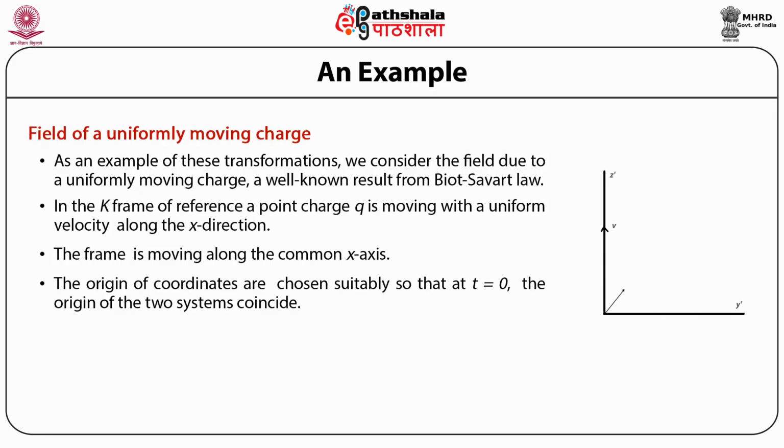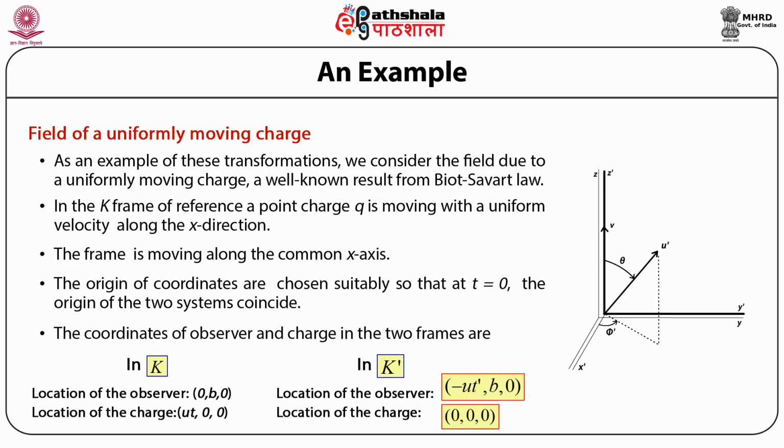So let us now look at the coordinates of the observer and the charge in the two frames of reference. So in the K frame of reference, the location of the observer is 0, b, 0, and the location of the charge, if it is moving with a speed u along the x-axis, is after time t, u times t, 0, 0.